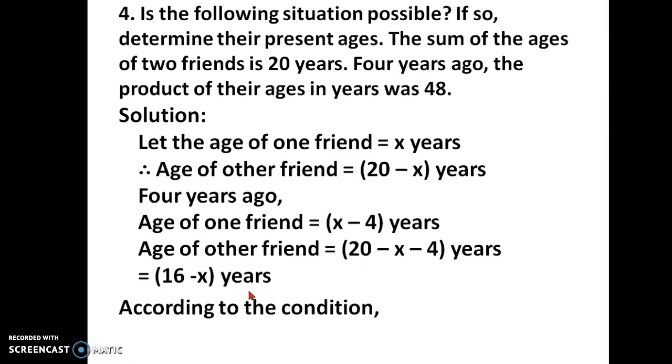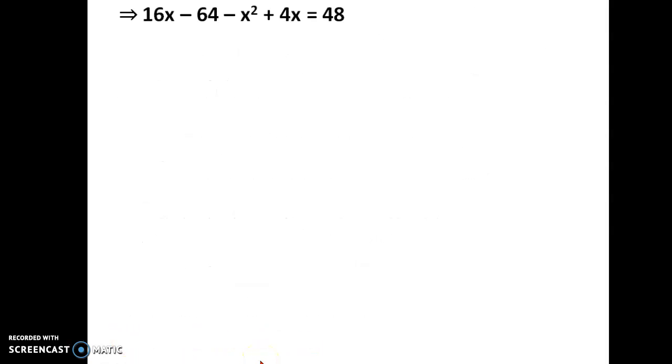Then according to this condition, 4 years ago their ages' product is 48. So that we are writing: product of first friend and second friend equal to 48. Now remove the bracket, so you have to do the multiplication. You will get 16x minus 64 minus x square plus 4x equal to 48.